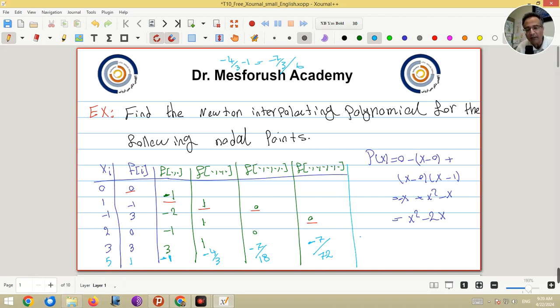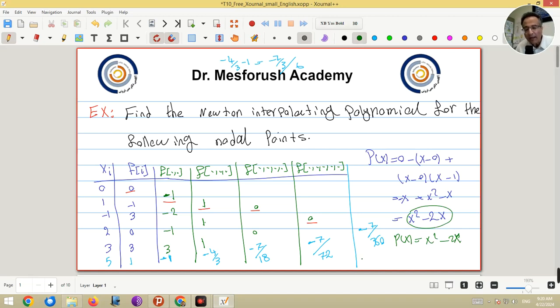And finally, I find a new term here. It will be minus 7 over 72 over 5 times this one. It will be minus 7 over 360. So if I want, for example, to compute the new P of x, it will be this term, in fact x squared minus 2x, okay?